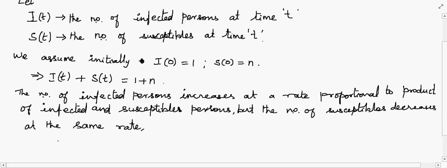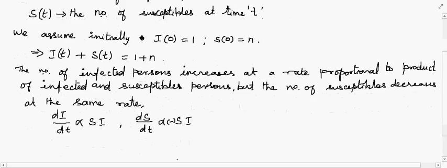Hence we can say that the change in population of I or infected persons, dI by dt, will be proportional to S into I. Similarly, the change in S, that is dS by dt, will also be proportional to the product of S and I, but here it decreases, so we can put a minus sign in front.